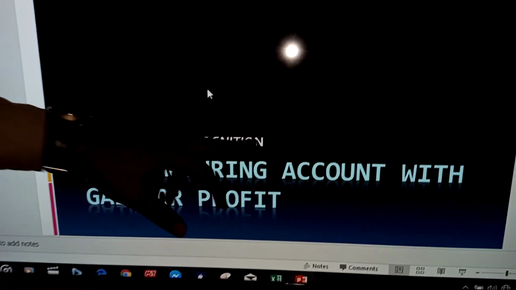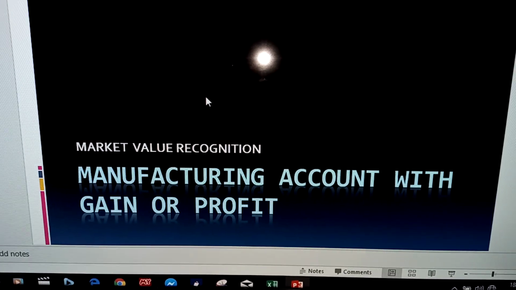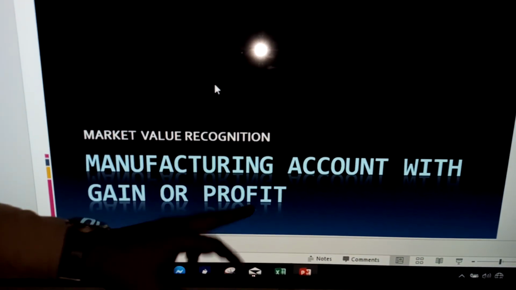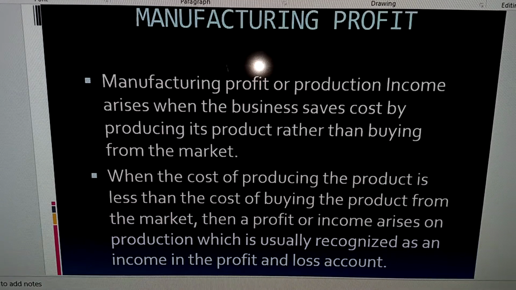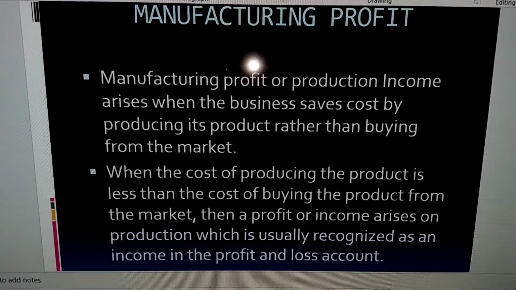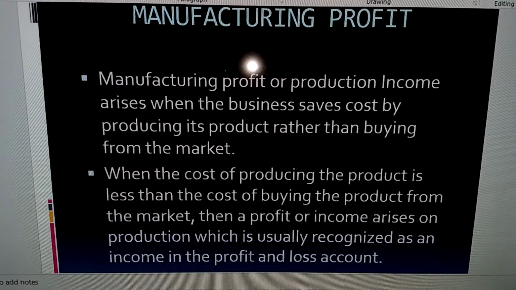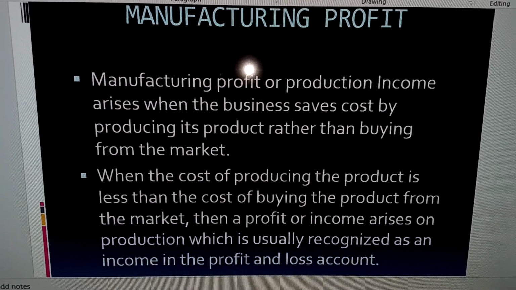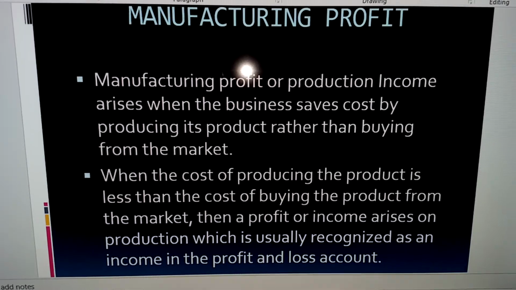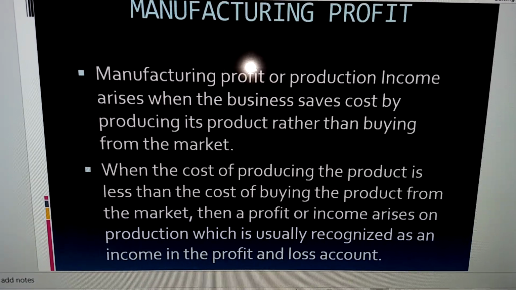This class is taking us to market value recognition, or manufacturing account with what? Gain, or what? Profit. Now, the manufacturing profit is also called production income or manufacturing gain or production gain or production profit. Usually, this will arise where the business saves a cost by producing instead of what?